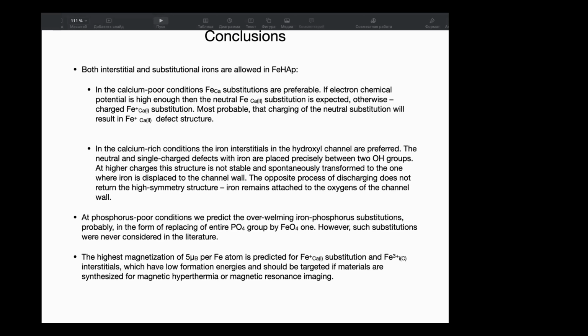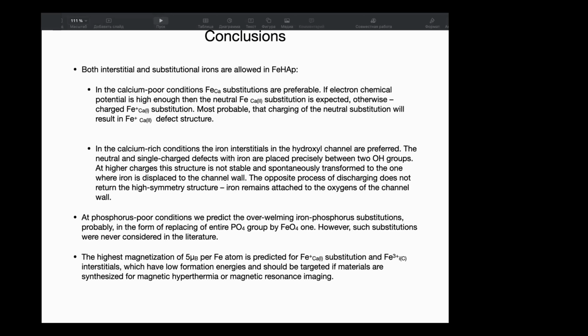At phosphorus poor conditions, we predict the overwhelming iron for phosphorus substitutions, probably in the form of replacing the entire phosphate group by iron with oxygen 1. But we haven't found that in the literature.